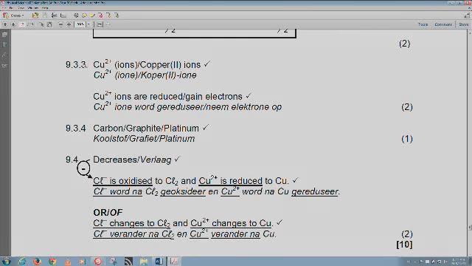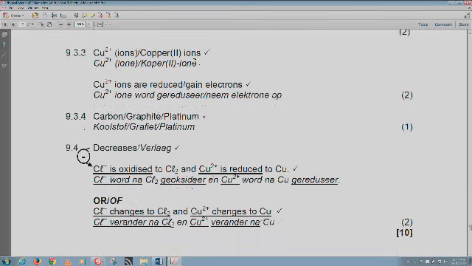So if the learner uses the formula, then the learner can just say Cu2 plus there. But if the learner uses the name, then the stock notation must definitely be present there. So it must be copper 2 ions. If the learner just says copper ions, then the learner will lose the mark there.